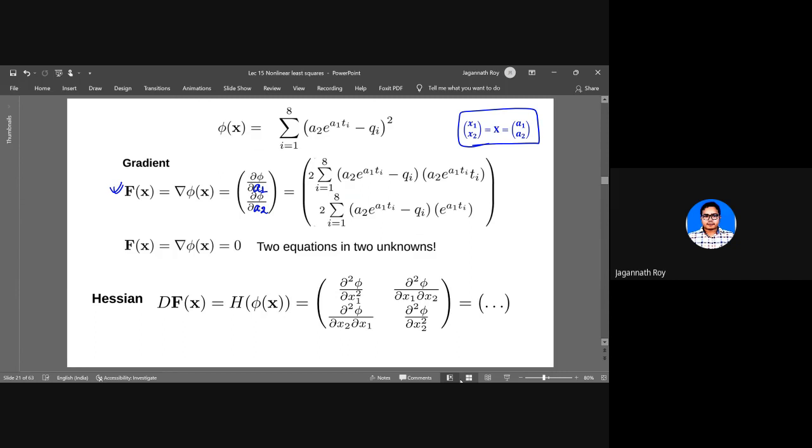So if we differentiate with respect to A1 for this function, 2 will come outside, 2 times this term into this term, and similarly A1 Ti is there, so Ti will be outside, another extra Ti will be there. Similarly, if we differentiate with respect to A2, only this term will be evaluated, and this sigma is already there, so sigma will be here also.